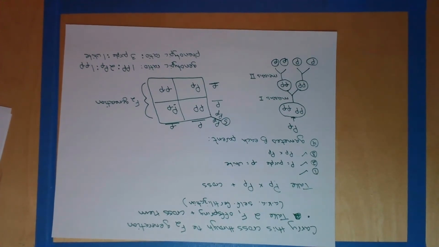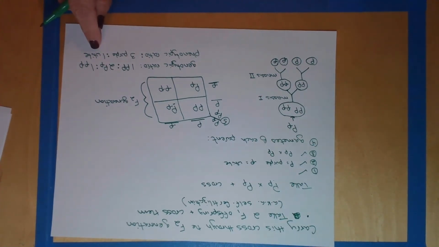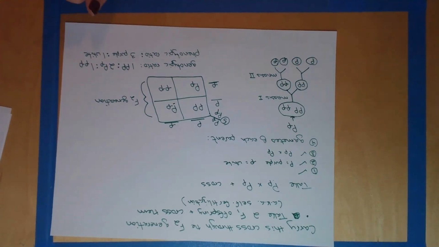Now, again, did any of this support the blending theory? Did we ever get a lavender or a pink colored plant? No, we got purple and white, or we got all purple. Now we haven't ever gotten all white, but that's okay because our parents were always purple.